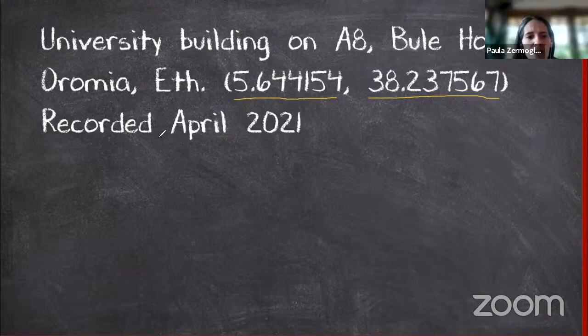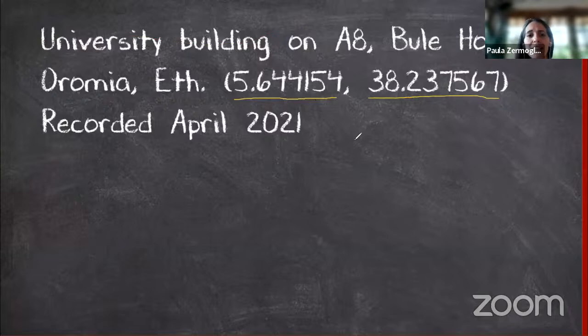Okay, so Ben here is suggesting that in verbatim locality, we put university building on A8. And I'm not sure if he's suggesting that we put everything, or that in country we put Ethiopia and then use the other terms for latitude, longitude, and a date. But to clarify, the verbatim locality should have all that is on the screen.